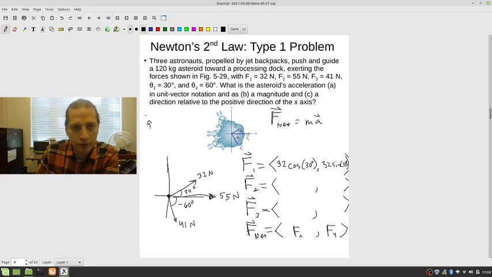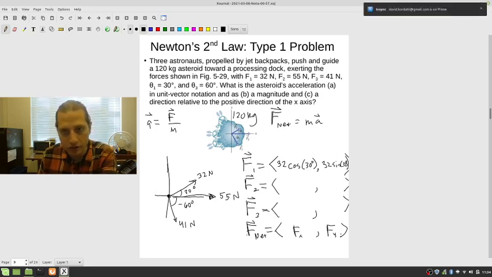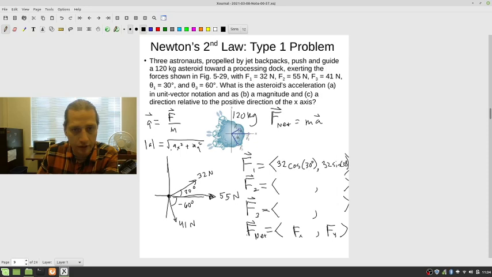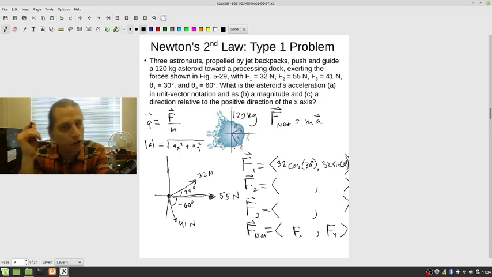But then if I wanted to find my acceleration vector, I would take my F vector divided by the mass of this 120 kilogram asteroid, and I would divide each component of my F net, and that would then give me an acceleration vector. And if I want to find the size of that acceleration vector, I would use the Pythagorean theorem and take ax squared plus ay squared and take the square root. Okay, so that would be a good kind of short answer question, just to make sure you understand what Newton's second law is, and how to apply it.